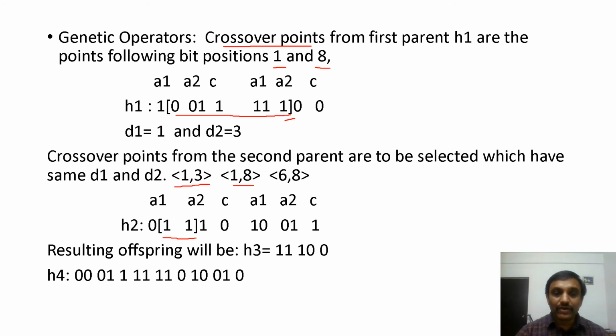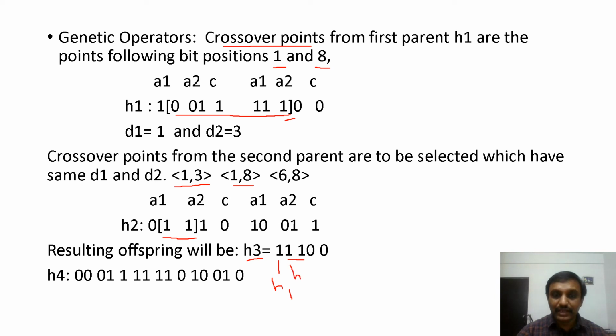Observe this one. What are the resulting offsprings here? H3. For H3, the first position we are taking from H1, and the second part we are taking from H2.